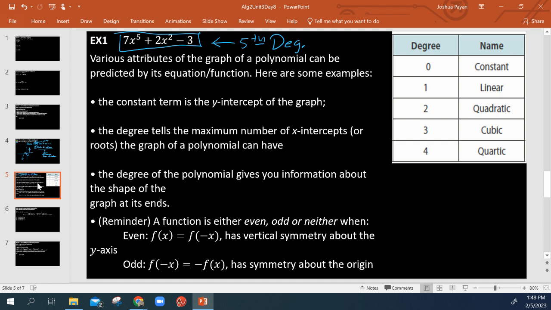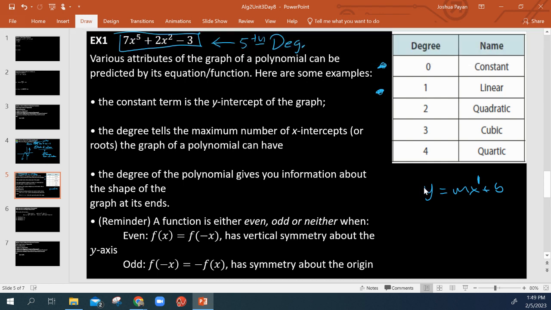Okay, last thing I'll end off with here, and you can just go ahead and pause this screen and write down anything from here that you want to, but I'm not going to talk about all of this. Most of this is stuff that we already know. For example, if it's a 0 degree polynomial, then that just means it's a constant, like this minus 3 here is times x to the 0. If it's linear, that means we have y equals mx plus b. So this is to the first power.